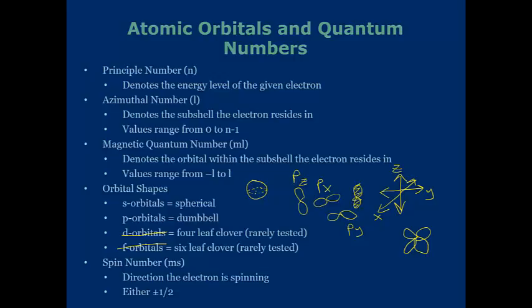M sub L is going to denote which room within the room the person resides in, and the spin number denotes which of the 2 people is in that specific room within the room. So think of it as a more generalized description to a more specific description. However, we need all 4 to correctly assess which electron we're talking about.